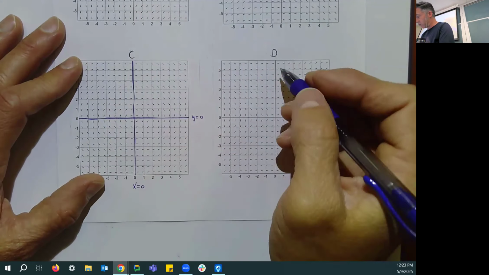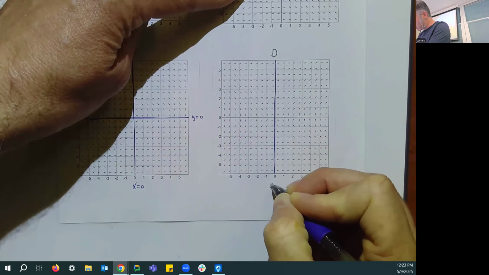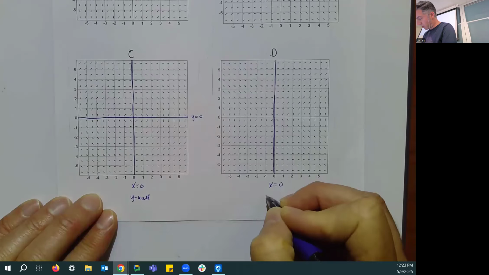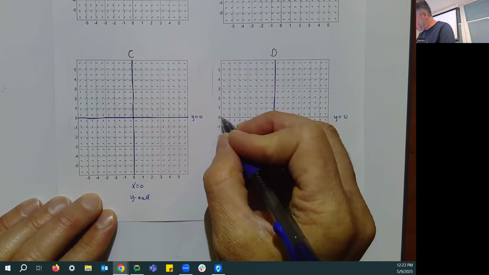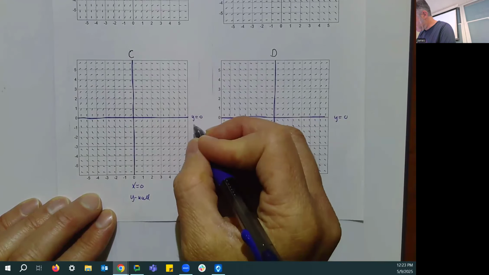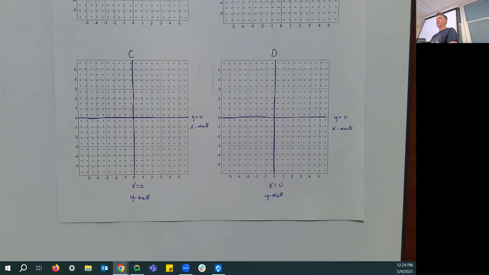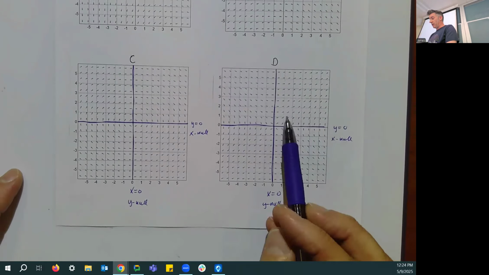The same thing is true for this graph as well. My x equals 0 line is my y null line, and my y equals 0 line is my x null line. So how are we going to distinguish between the two of them? Well, this is where we would have to do a more in-depth analysis. We can see graphically, and maybe I think we can see that this system looks like a saddle.